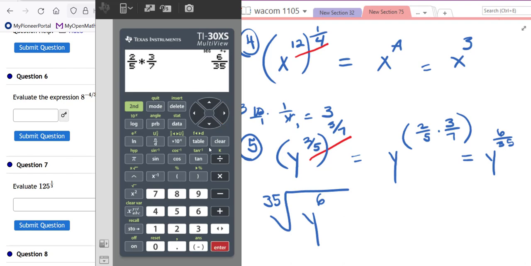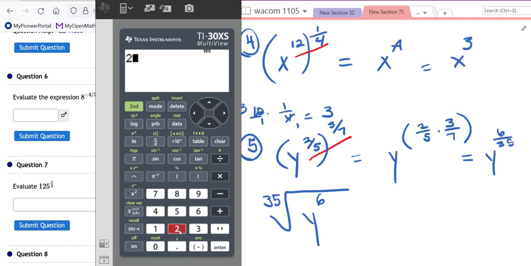That is how to do it if you have the multi-view calculator. Let me switch back, because our TI-30 calculators that are not multi-view don't have the nice fraction button. It looks like a fraction button, but it's going to go in a different way.